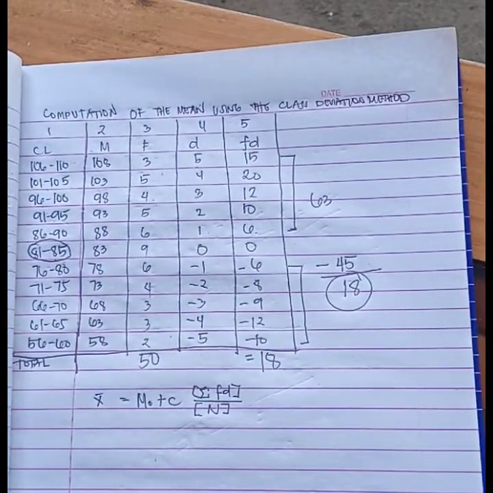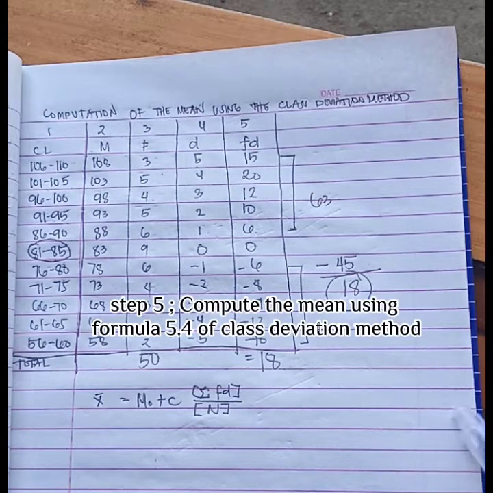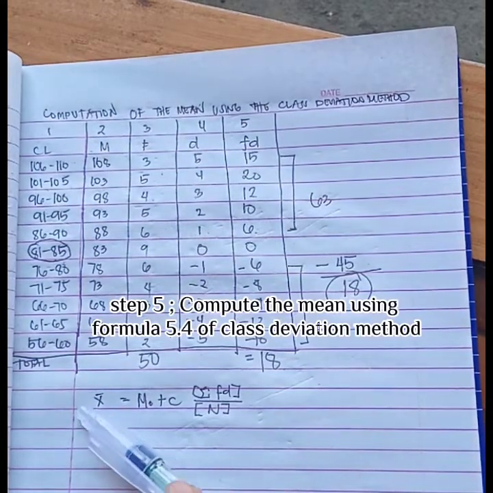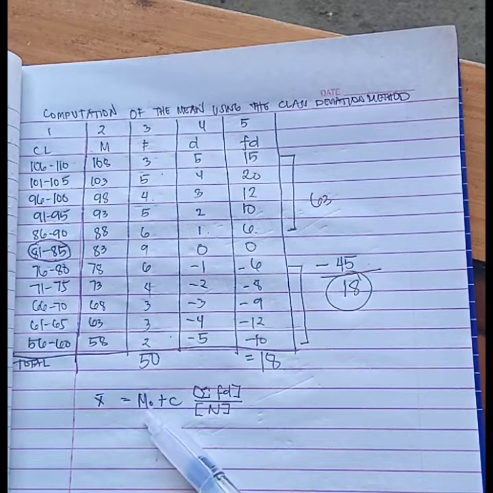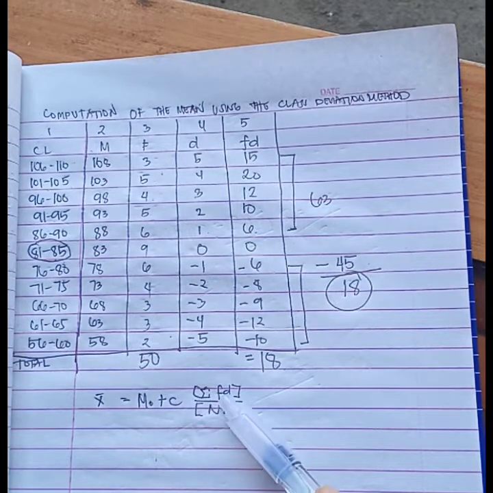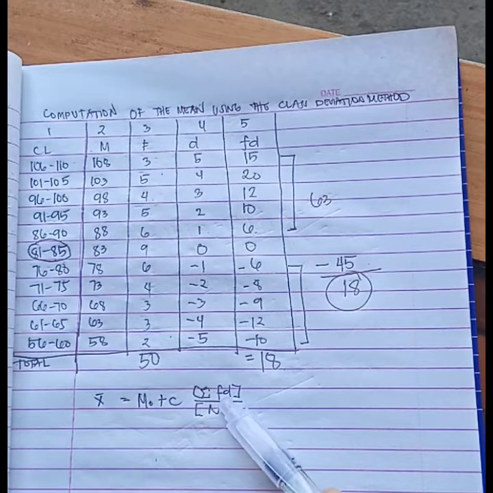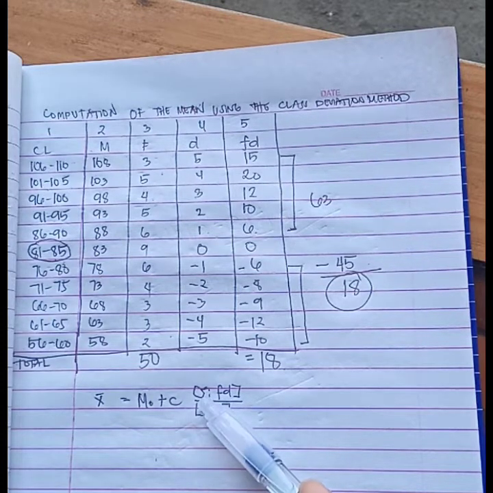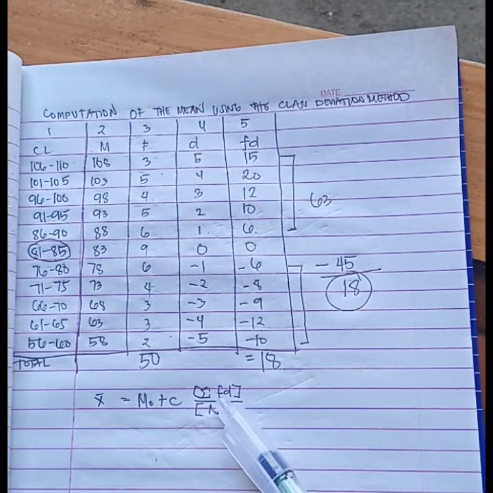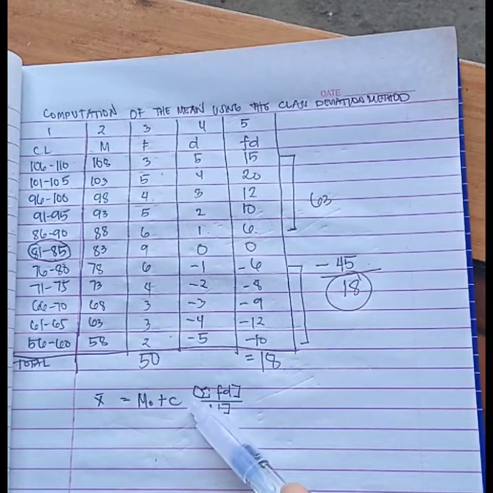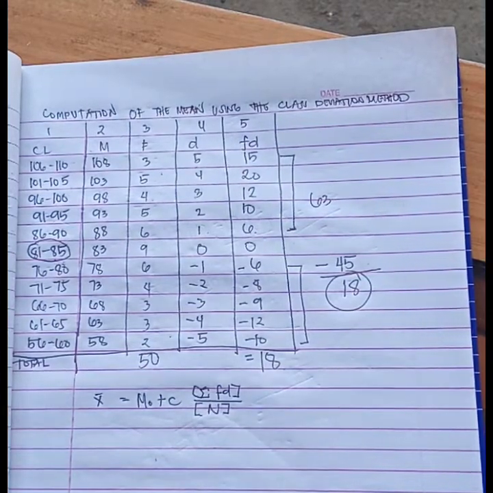So last step, step 5, we compute the mean using the formula of the class division method. This is our formula again. Arithmetic mean is equal to the midpoint of origin plus the class interval multiplied by the summation of frequency and deviation, divided by the number of cases.